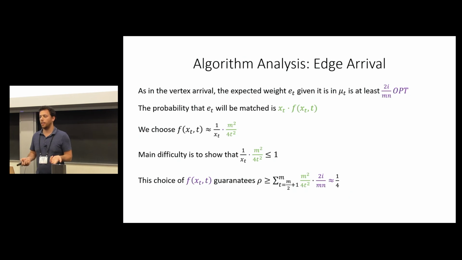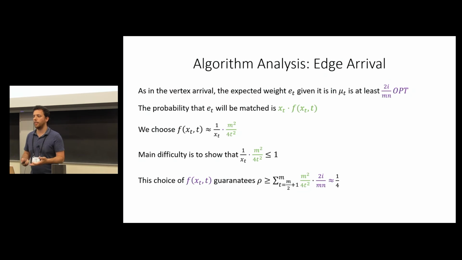Now combining everything together, with this choice of f of xt, we get the competitive ratio is again the sum over all the times from m over 2 plus 1 to m of the probability that we match, which is m squared over 4t squared, where the xt cancels out, times the expectation of the weight of et, which is 2i over mn times opt.